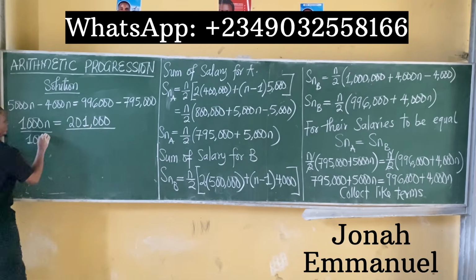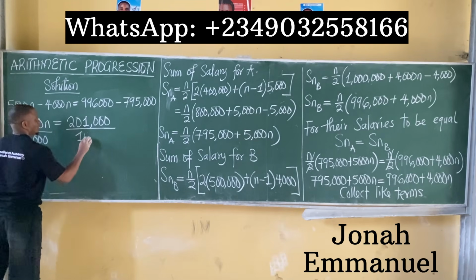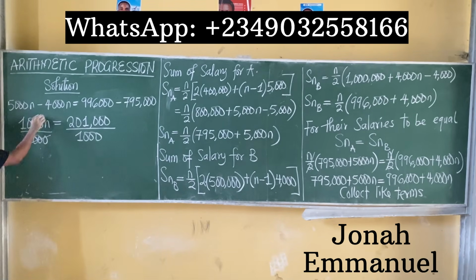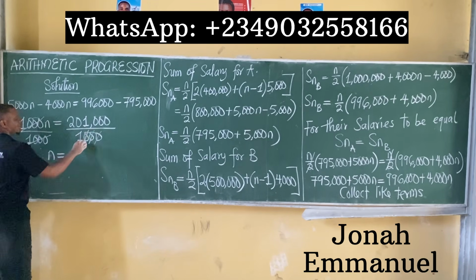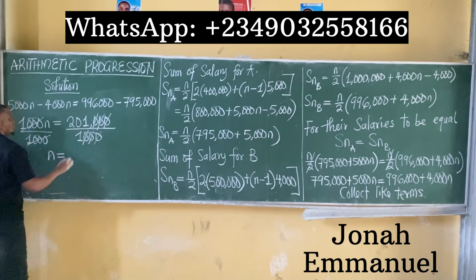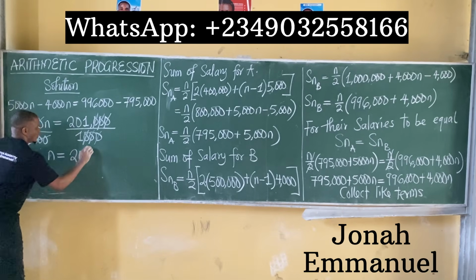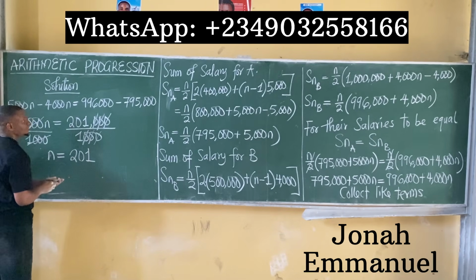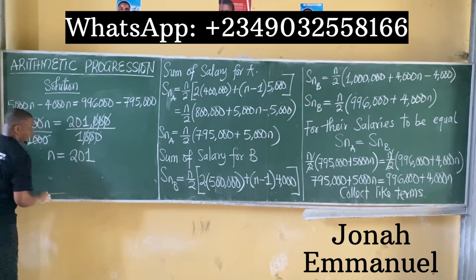Divide here by 1,000. So this would cancel this. We have that n is equal to 201, since 1, 2, 3 cancels 1, 2, 3. You're left with 201. So therefore, put it in a statement.